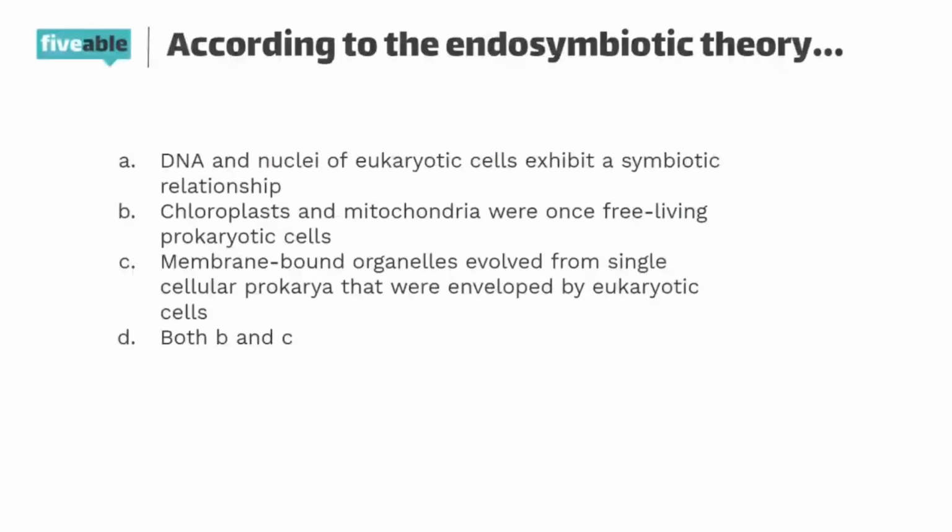B, chloroplasts and mitochondria were once free-living prokaryotic cells. C, membrane-bound organelles evolved from single-celled prokarya that were enveloped by eukaryotic cells. Or D, both B and C. Type your answer in the chat or feel free to just say it to yourself.